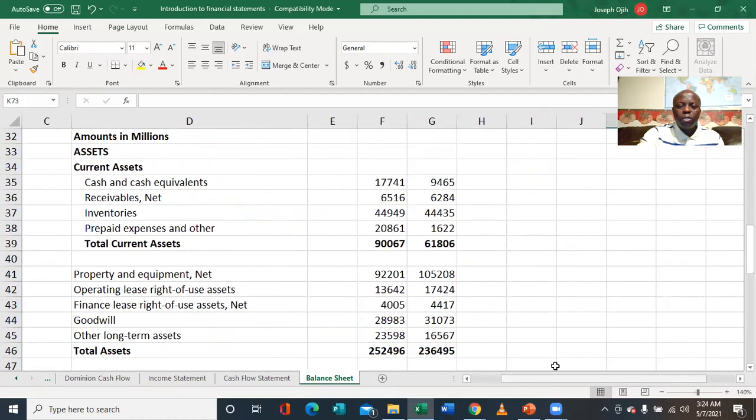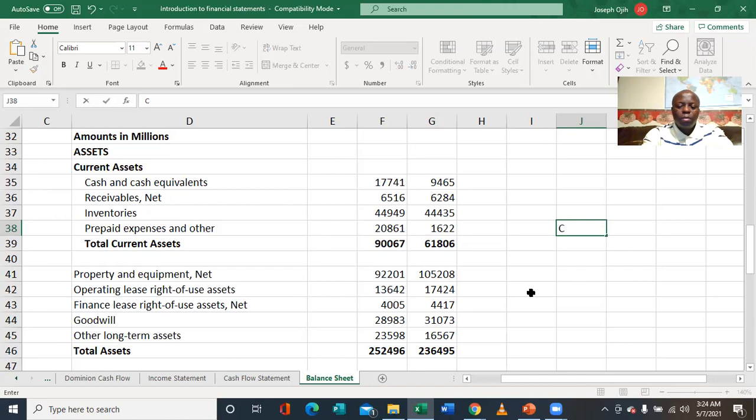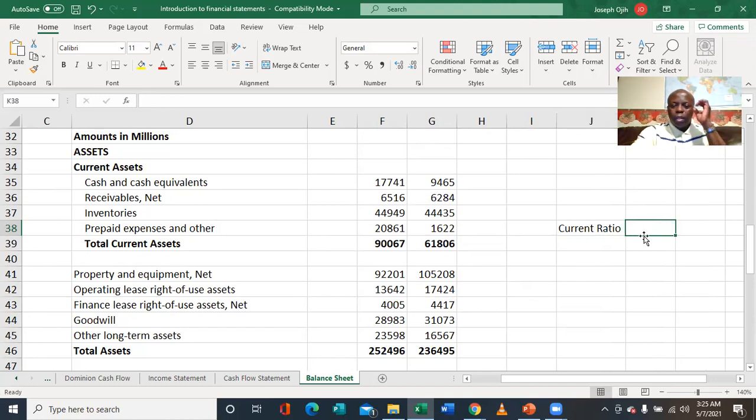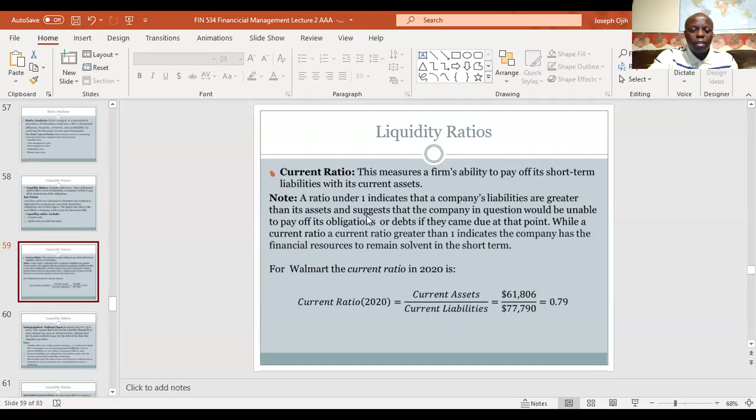Now, for the current ratio, we have current assets divided by current liabilities. As a reminder, the formula is right here: current assets divided by current liabilities.